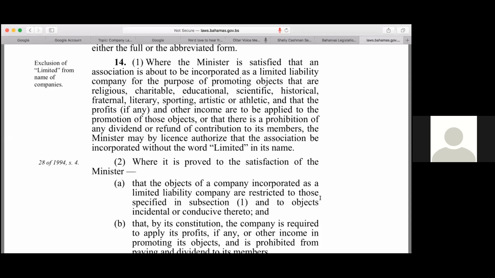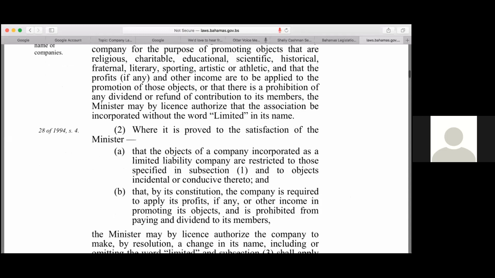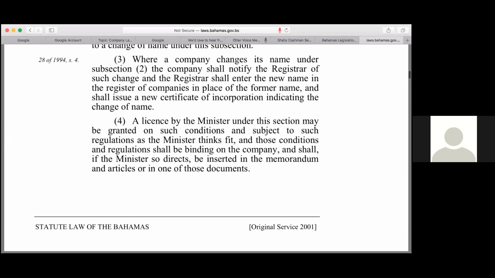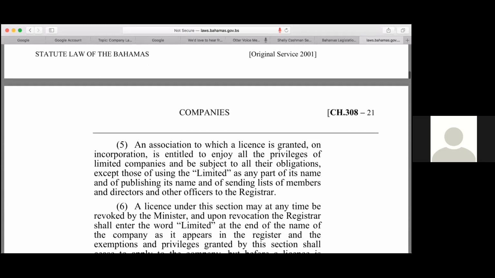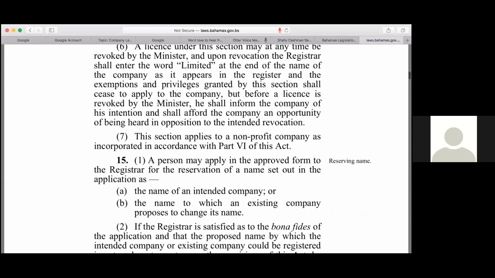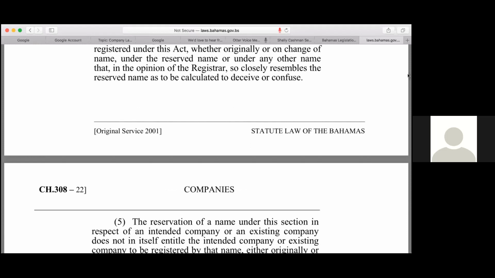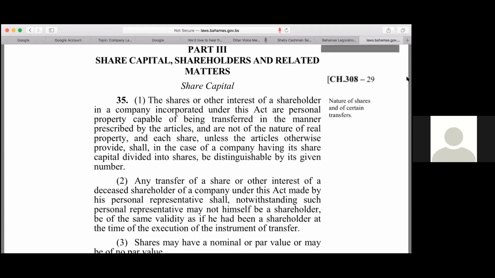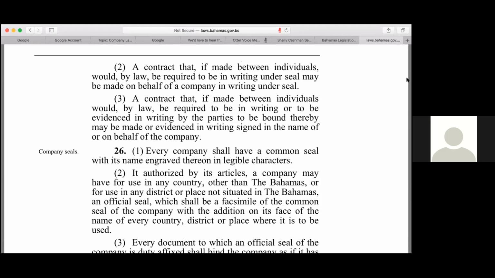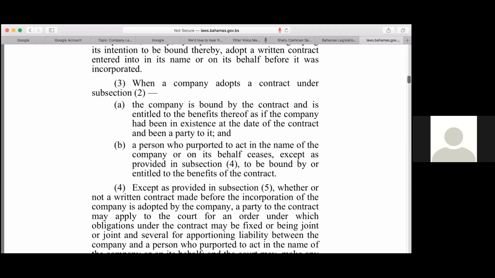I want you to go to the Companies Act, section 22, the pre-incorporation contract. It's in your notes, but it's good to read it from the Act itself. It says a person who enters into a written contract in the name of or on behalf of a company before it is incorporated is personally bound, and he is entitled to all the benefits.